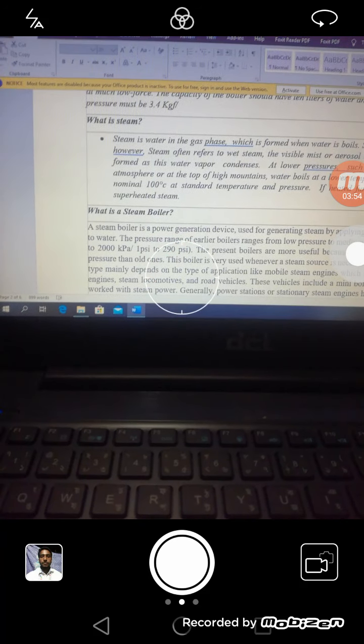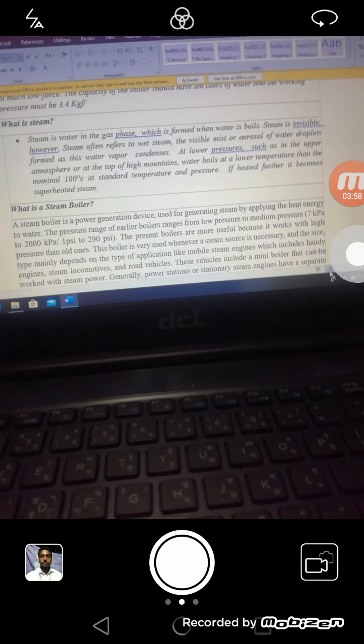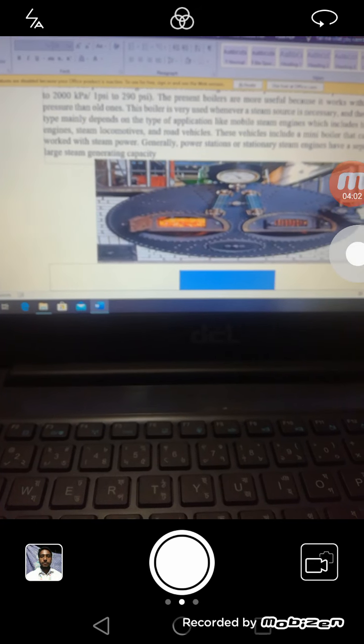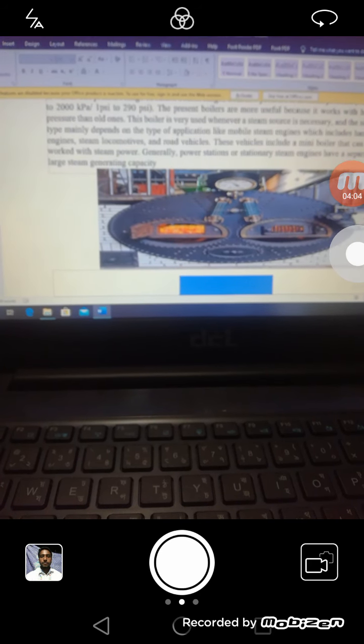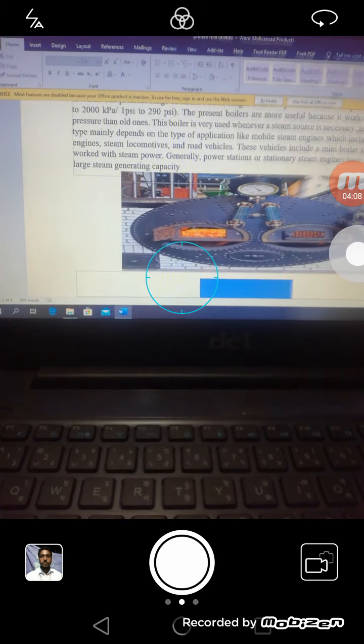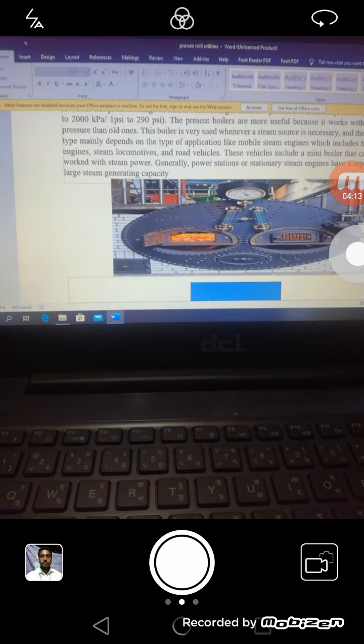Generally, power stations or stationary steam engines have separate large steam generating capacity. Here we present a steam boiler.